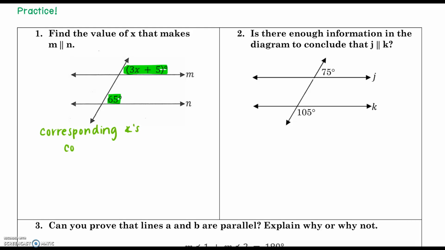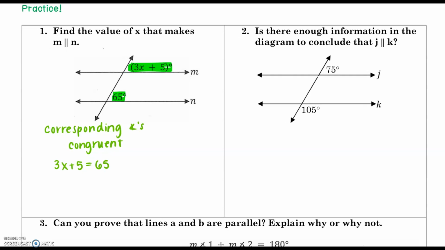And we know corresponding angles must be congruent for our lines to be parallel. So we have to find a value of x that makes these angles congruent or have the same measure. So here we're just going to set our expressions equal. 3x plus 5 is equal to 65.